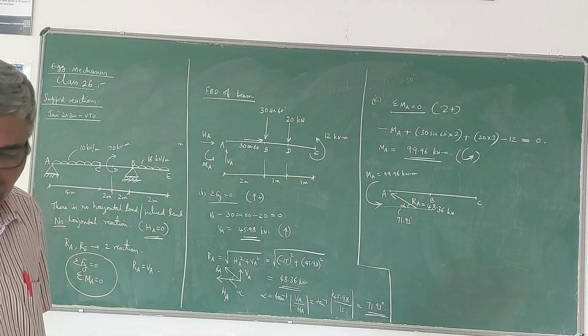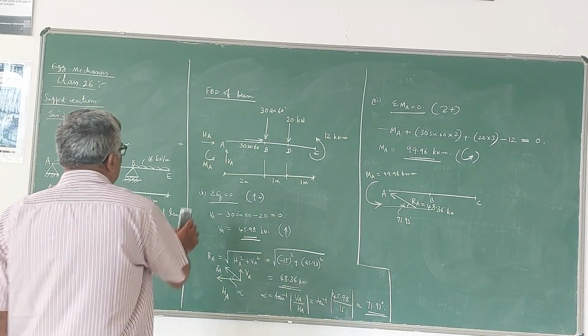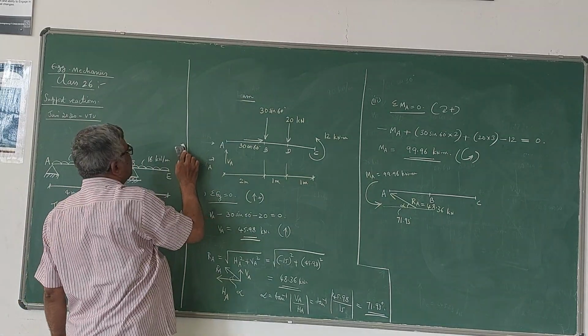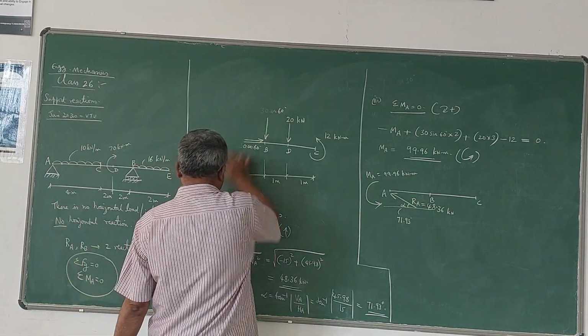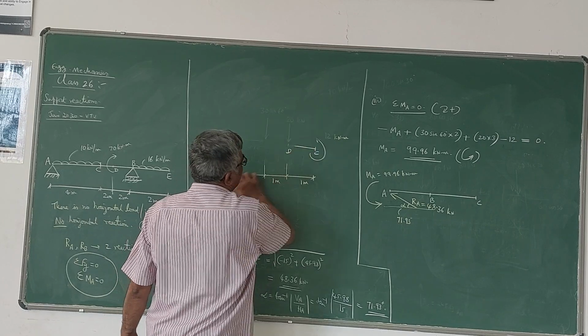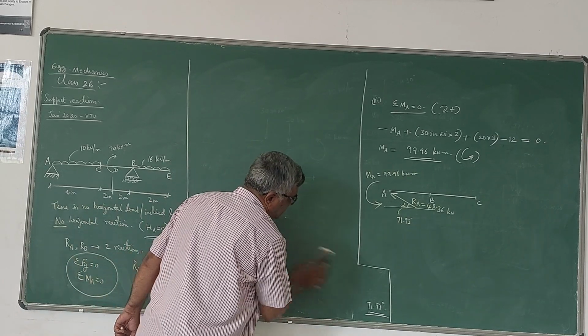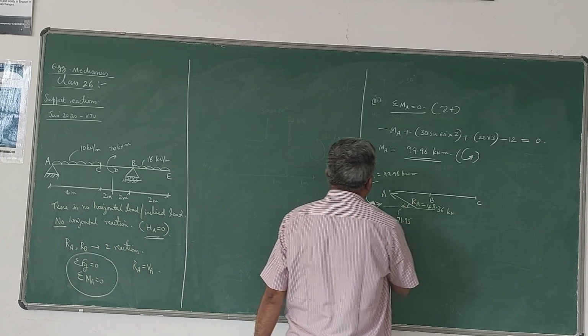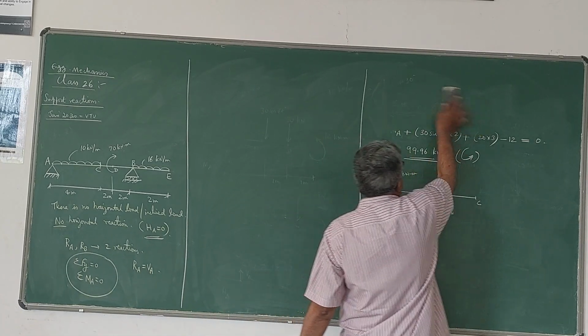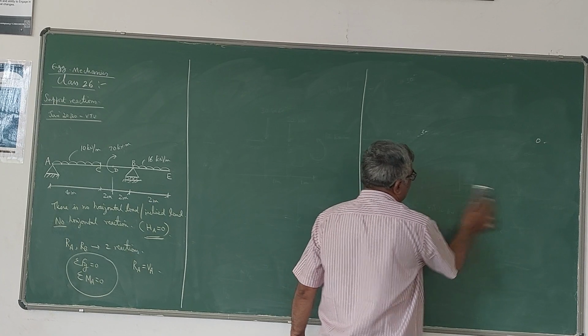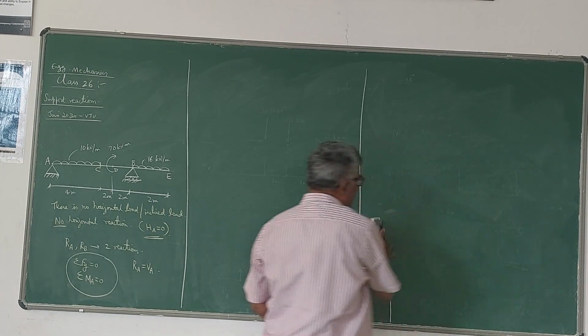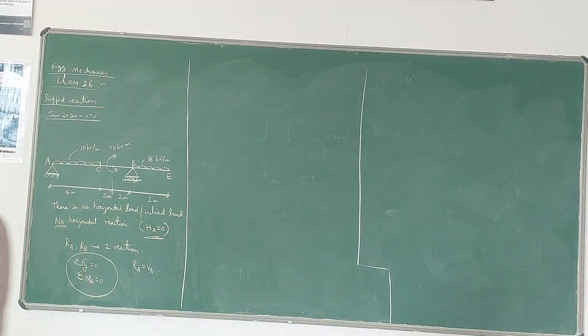Now we will draw the free body diagram of the beam. To draw it, we have to convert the UDL into an equivalent concentrated load, and replace the supports by the respective reactions. Then we get the free body diagram of the beam. Let us draw it now.